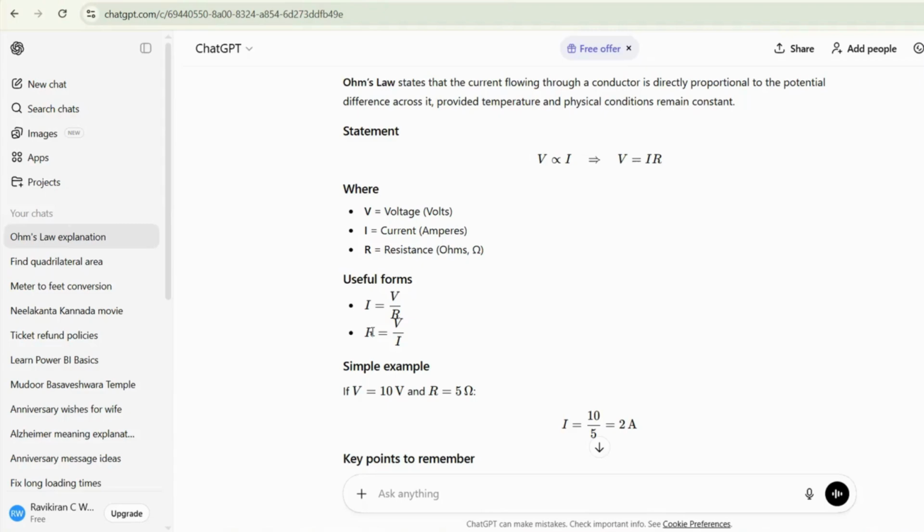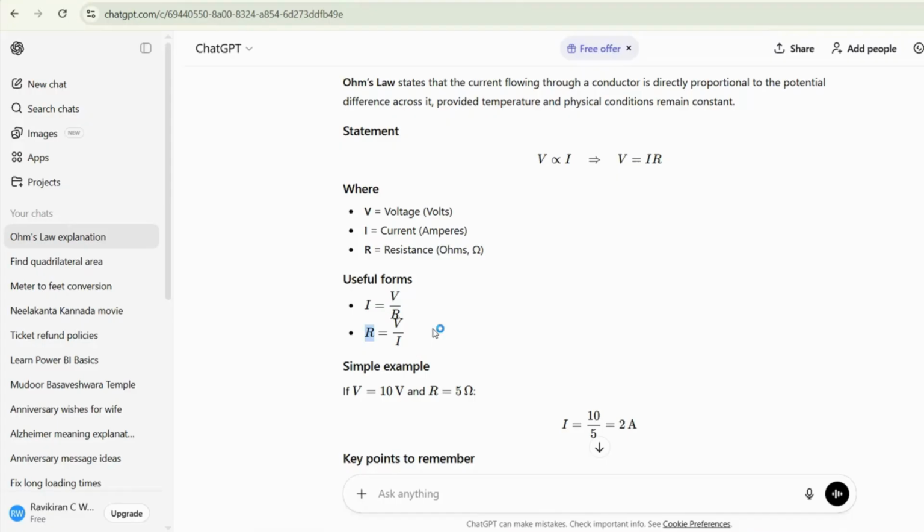Due to the increase in resistance, current decreases. Due to a decrease in resistance, current increases. This means inversely proportional.